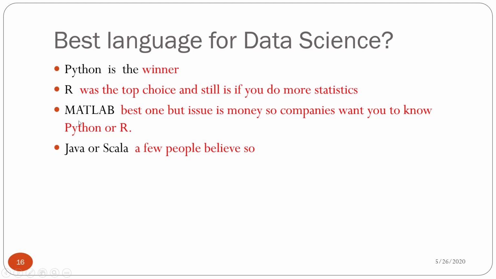MATLAB is another powerful language which we can use for data science. It's a very good language, but there is a price attached to it. You need to buy MATLAB, then only you can use it, whereas Python and R are free. For that reason, a lot of startup companies may not be ready to invest in MATLAB, and they would encourage you to learn a language like Python or R, which are freely available.